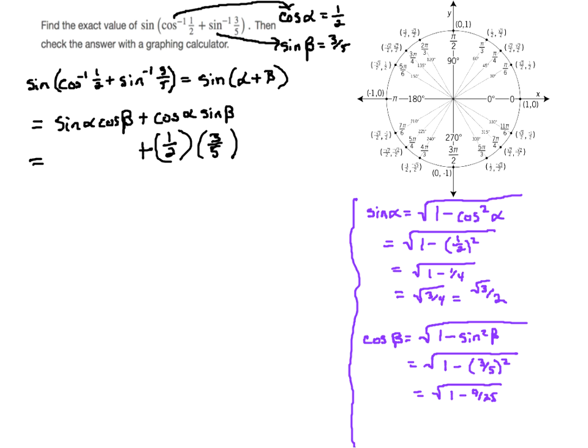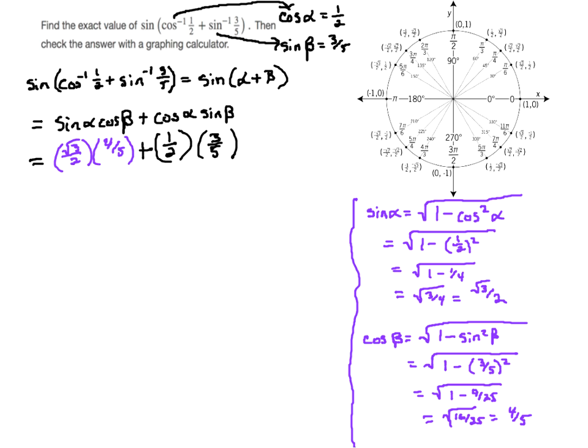I don't have room to show my fractional math there, but when I get the common denominator, that 1 is 25/25. So 25 minus 9 is 16/25. I can take the square root of the numerator and the denominator, and that gives me 4/5. So now I have expressions for sine alpha, square root 3 over 2, and cosine beta, 4/5.